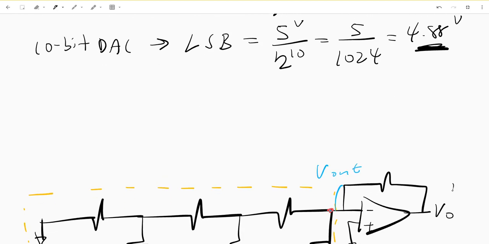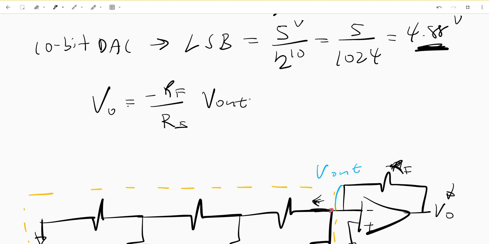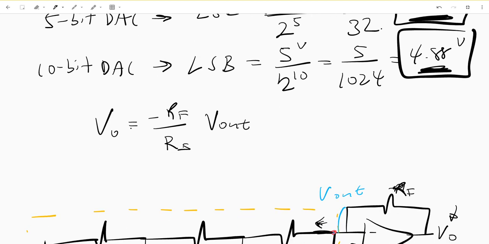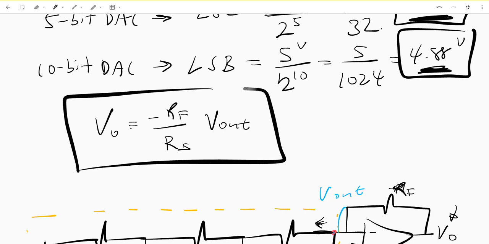And here, all this is saying is, if this is RF, a feedback resistor, Vout is equal to minus RF over RS, or R source, the R coming in from here, times Vout, which is this value we've calculated here. And that's just basically an inverting op amp, which I'll talk about in another video.